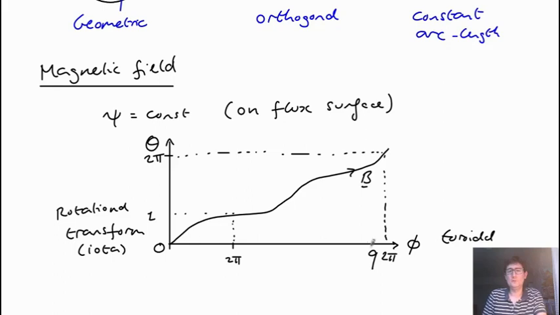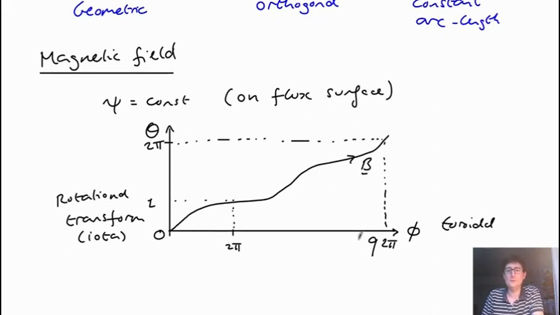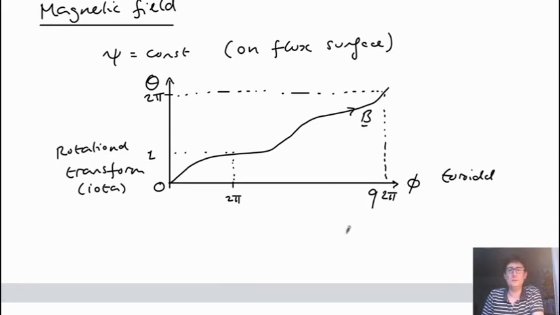In tokamaks, it's more common to use q, because q is a flux surface quantity, so it doesn't depend on where you start or finish. Once you go around the torus once poloidally, you've moved q times toroidally, and q can be an integer, or it can be an irrational number or a rational number.